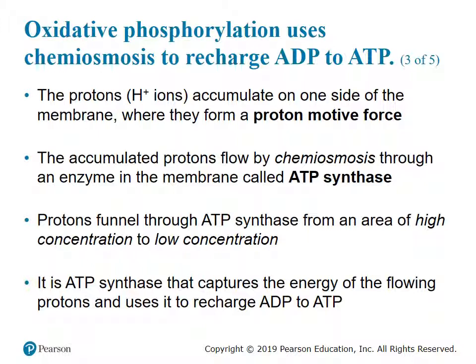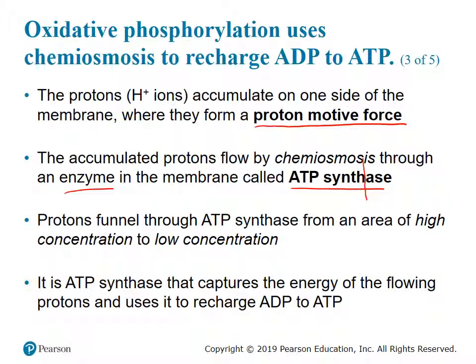Again, the process of moving protons from one side to another is chemiosmosis, and before they move, we call that the proton motive force, where all the hydrogen ions are on one side of the plasma membrane. The proton pump enzyme that we discussed is called ATP synthase. Remember, ase is an enzyme ending.